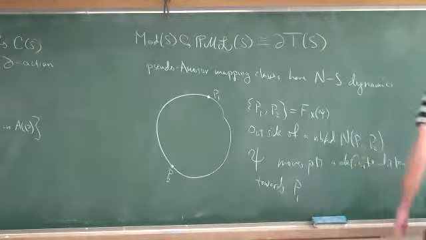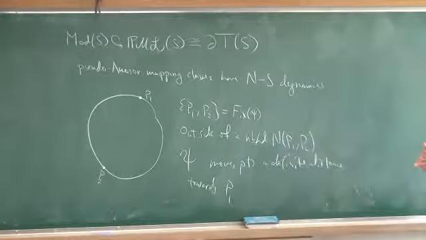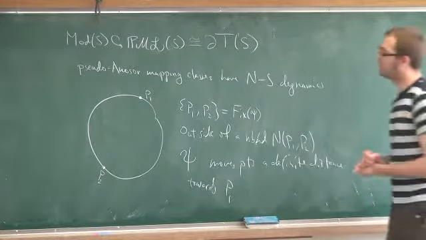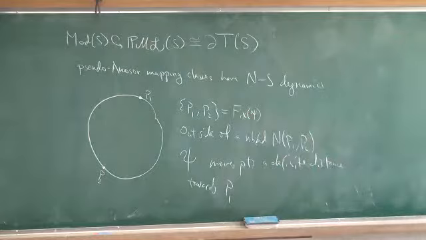Furthermore, two pseudo-Anosovs which don't generate cyclic subgroups have different fixed point subsets.